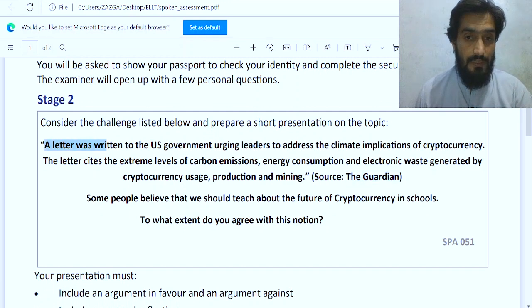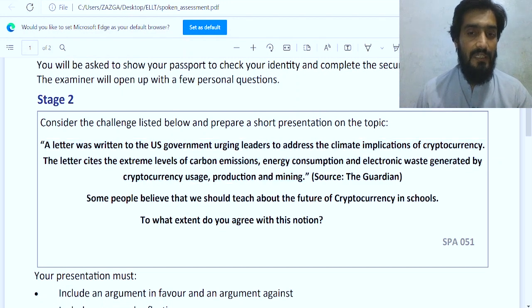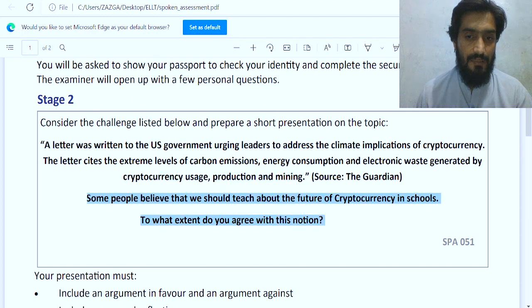Now, you have to read these 2 or 3 or 1 line, whatever it is, but it's not the topic. It is just for your information. Now here they are asking 1 or 2 questions from you, and your topic should be dependent on these 2 questions.